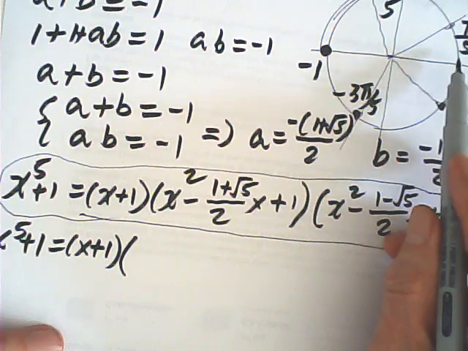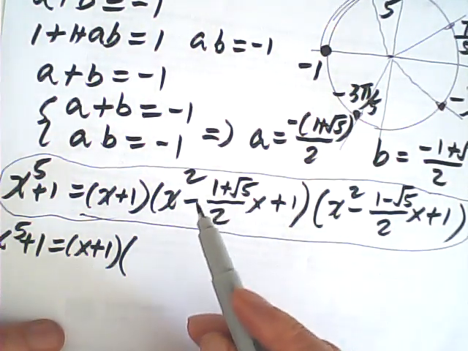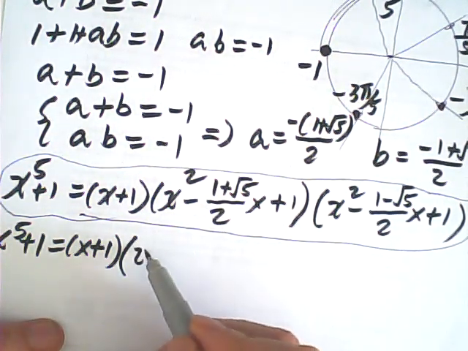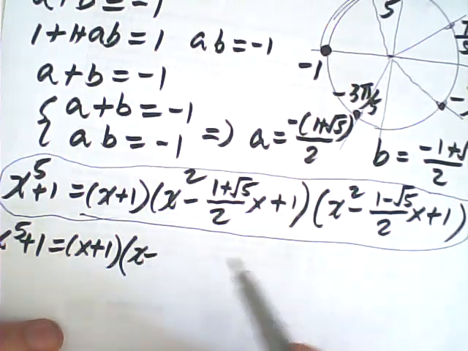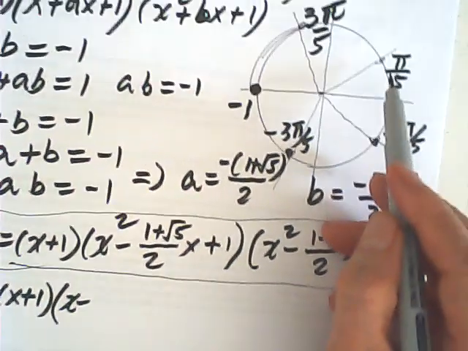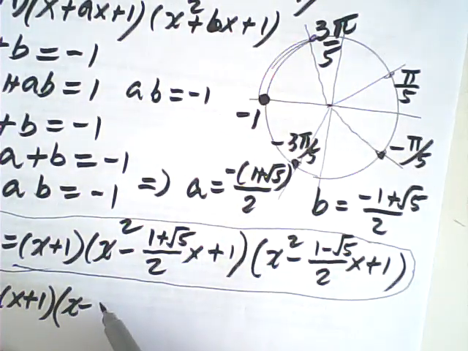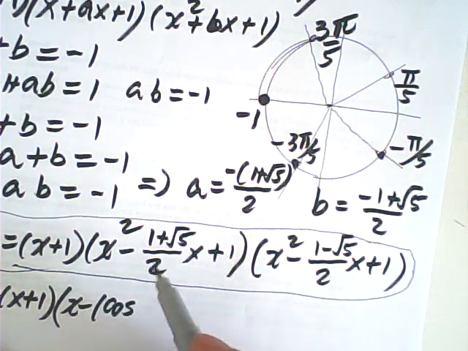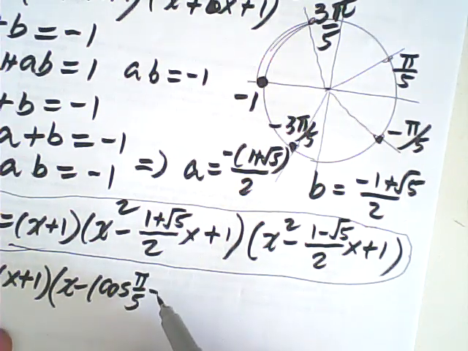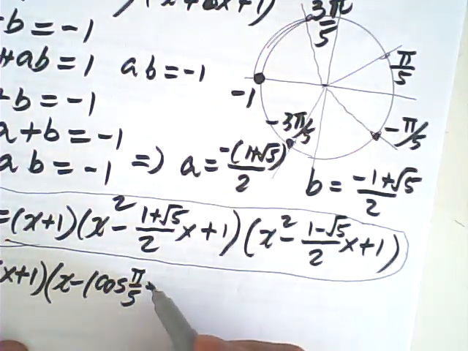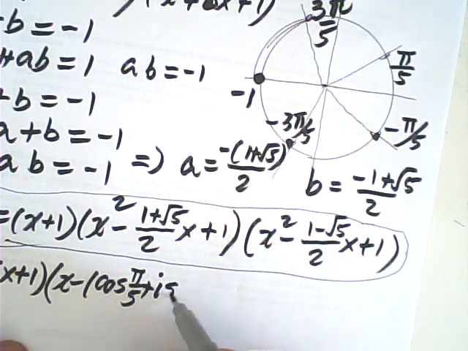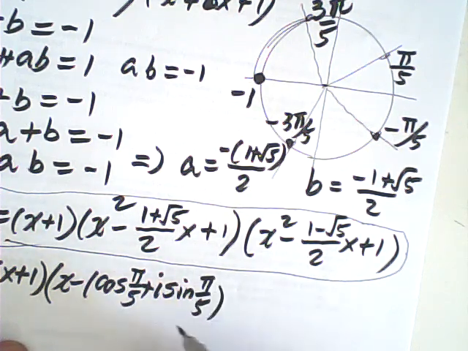And for this, I just take x minus this root, this one is cosine pi over 5 plus i sine pi over 5, right?